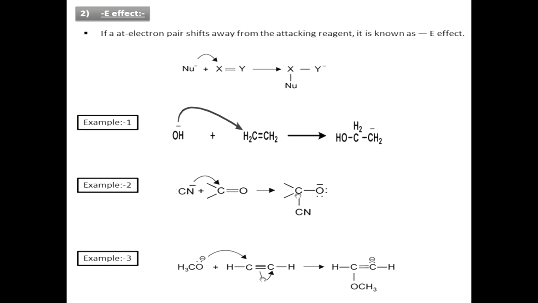So these are the examples. When OH attacks ethene, hydroxylation takes place and then a carbanion forms. Cyanide will attack the carbonyl group and a cyano alkoxide will form. Then the cyano alkoxide takes a proton and the reaction is complete.